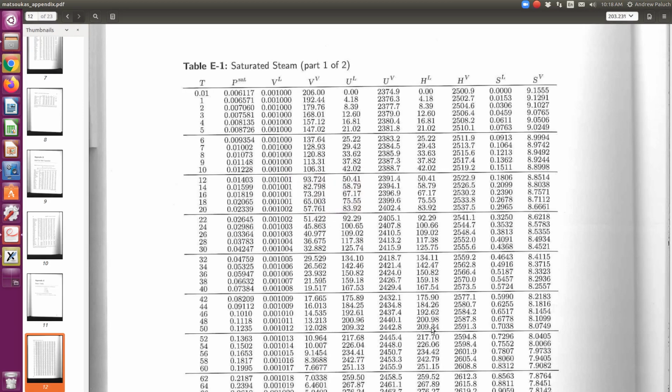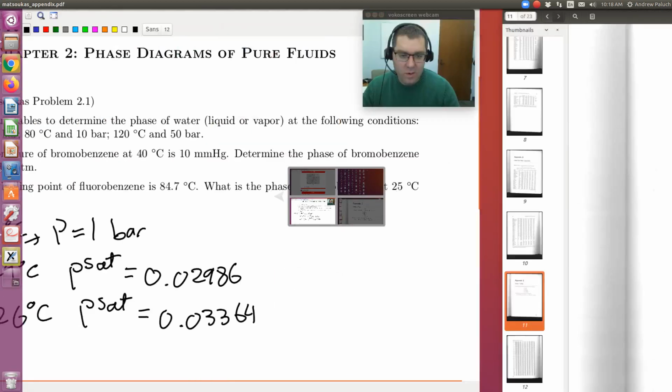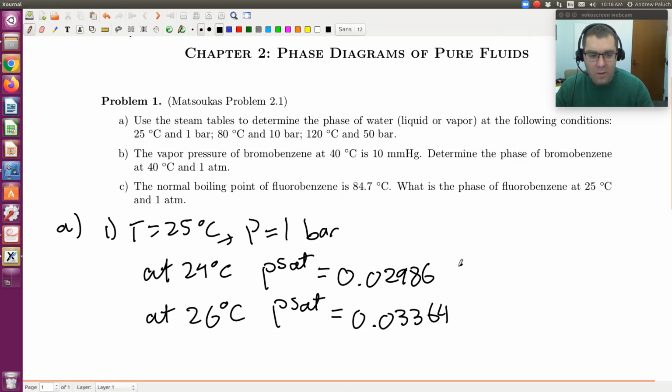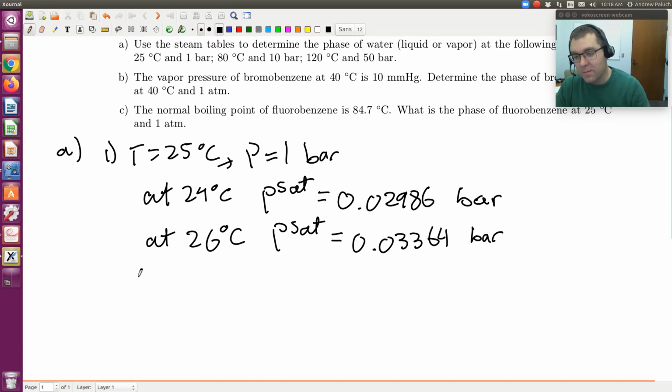The units are bar. So at 25 degrees C, I know my saturation pressure is going to be between these two values. In either case, that's less than my actual pressure of 1 bar. So the answer is liquid.